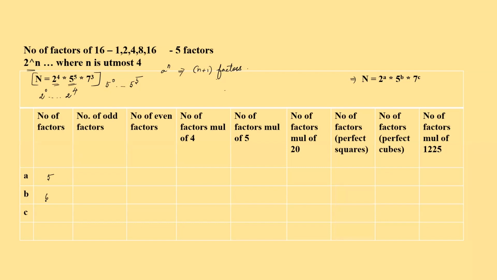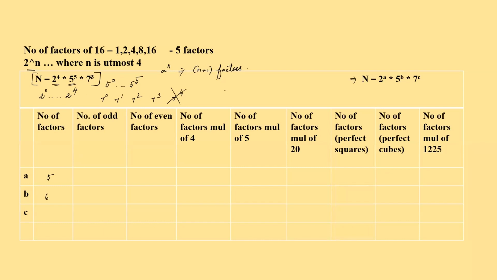And similarly for 7 cube. Can I take 7 power 0 as a factor of n? Yes. 7 power 1, yes. 7 power 2, yes. 7 cube, also yes. But 7 power 4, no, because the highest power of 7 here is 3.